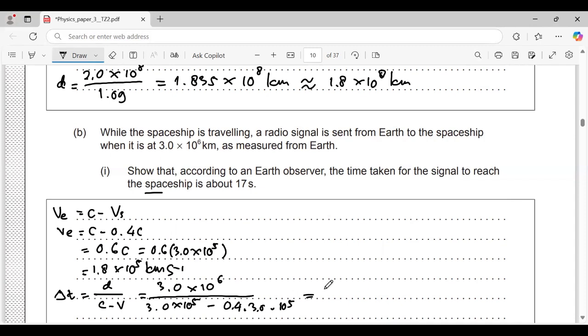And if you calculate, the result is 16.67. Sorry, round off becomes 17 seconds.